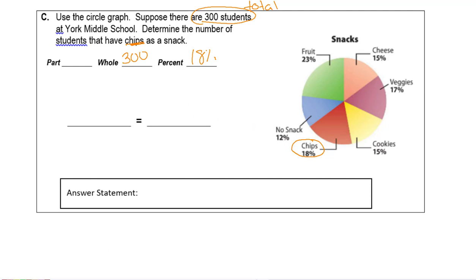So all I do now is set up my proportion. 18%, 18 is out of 100. Percent sign. And then my whole is 300. Okay, so 100 times what gives me 300? Well, that one's easy. It's times 3.